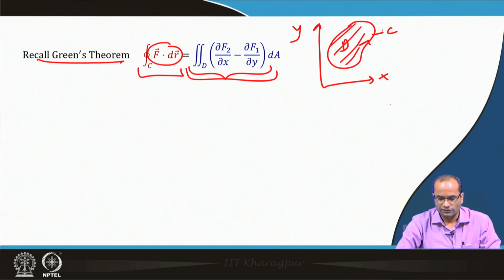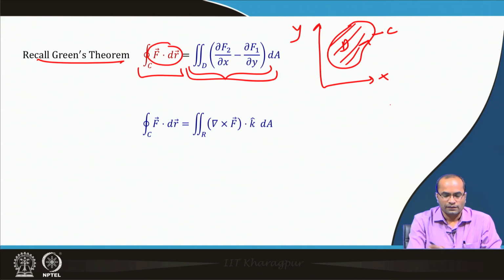This was Green's theorem, and we sometimes call it Green's theorem in a plane, because we are talking about these 2 dimensions. Green's theorem can also be written in this form.